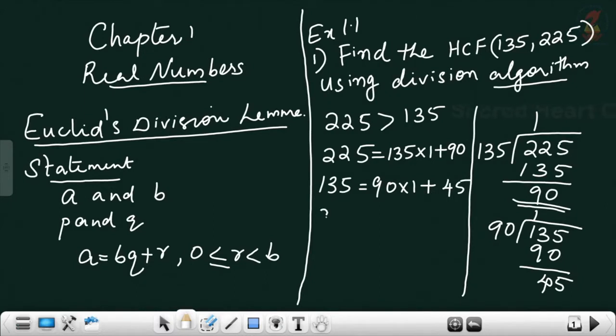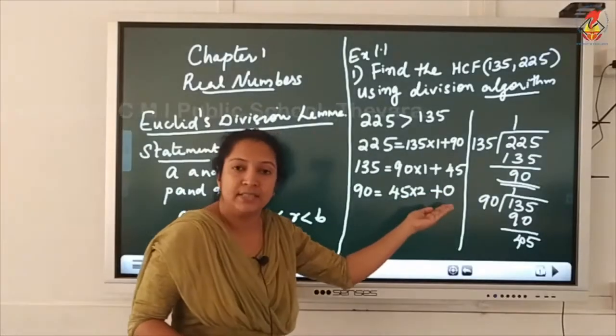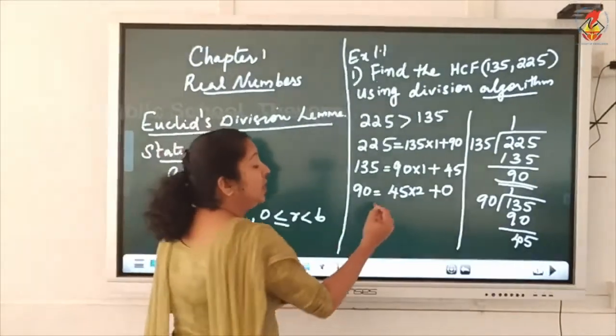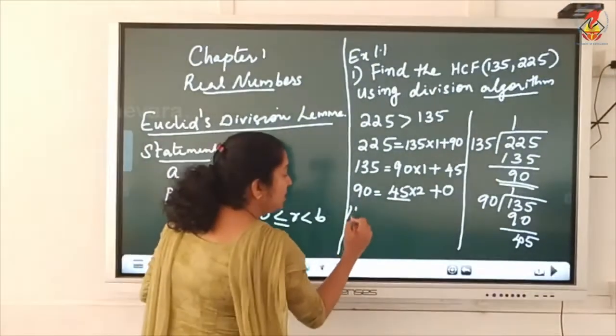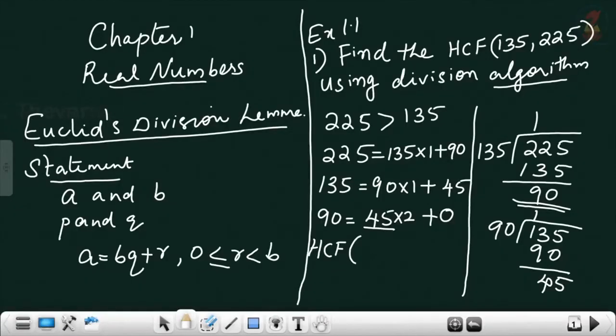Next, write 90 in terms of 45. 45 into 2 is 90 and remainder 0. So, we can stop here. We have to get the remainder as 0. Then, the last divisor is the HCF. So, HCF of 135 and 225 is equal to 45.